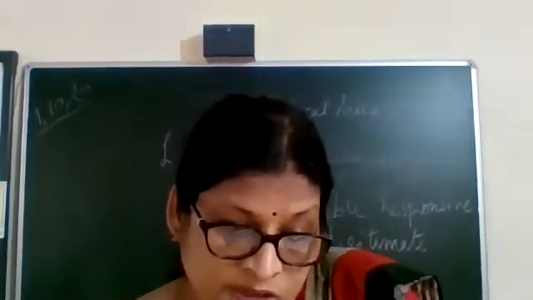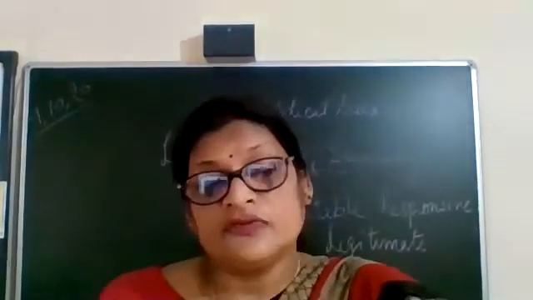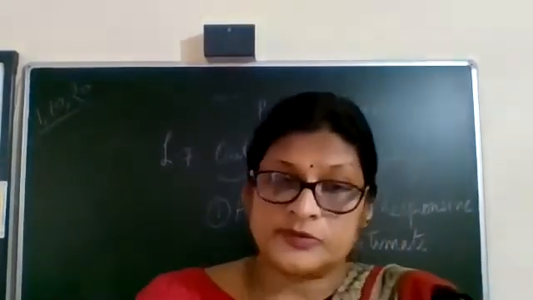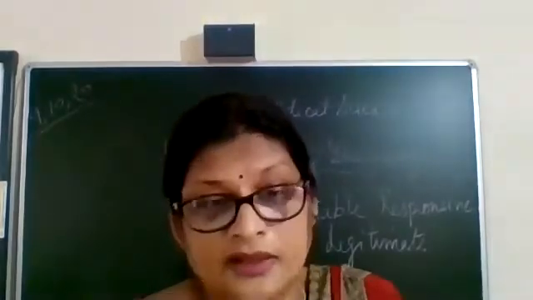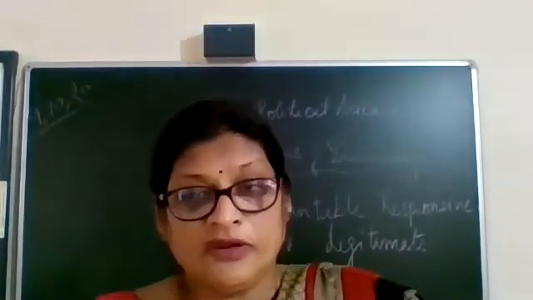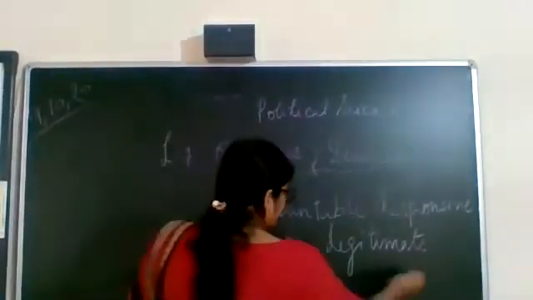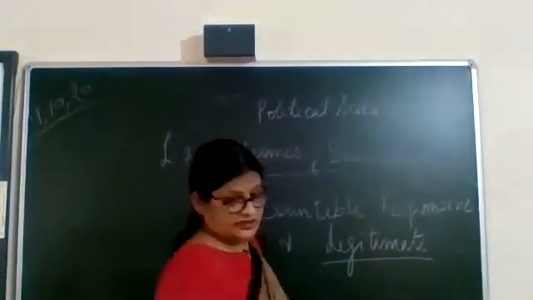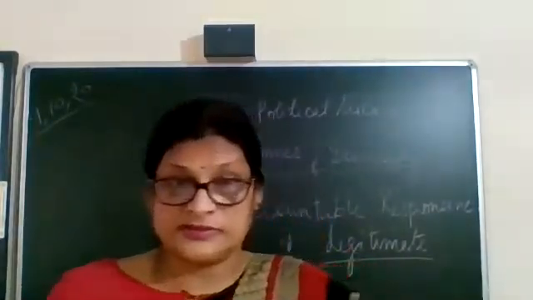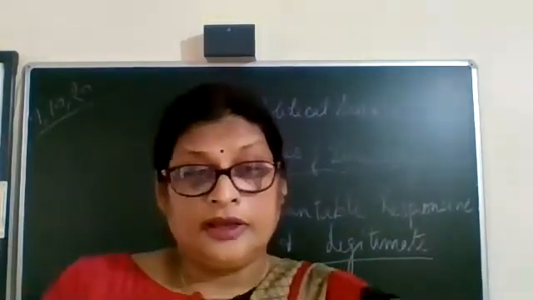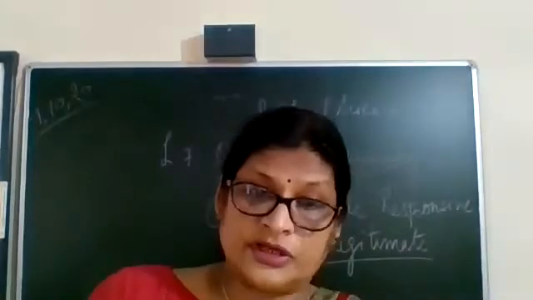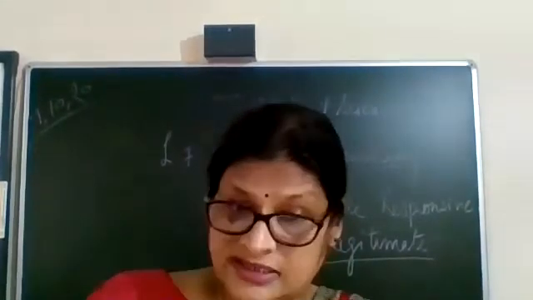Okay. The last point is that there is one respect, when we talk of accountable, responsive, and legitimate government, that is legitimacy. When we talk of legitimacy, we find that as far as this is concerned, democracy has passed with great success.